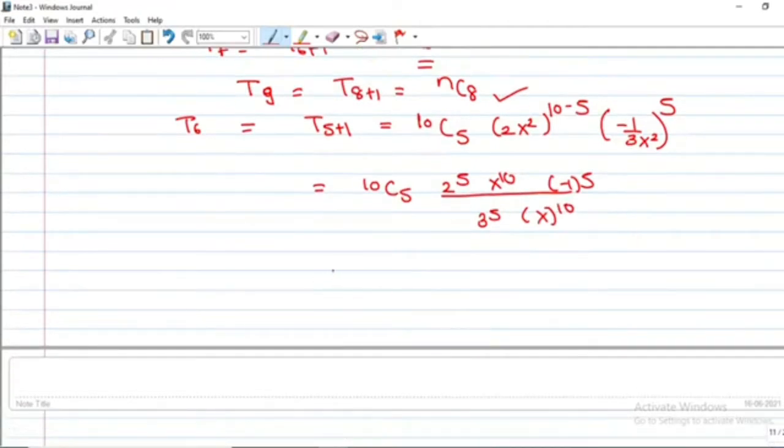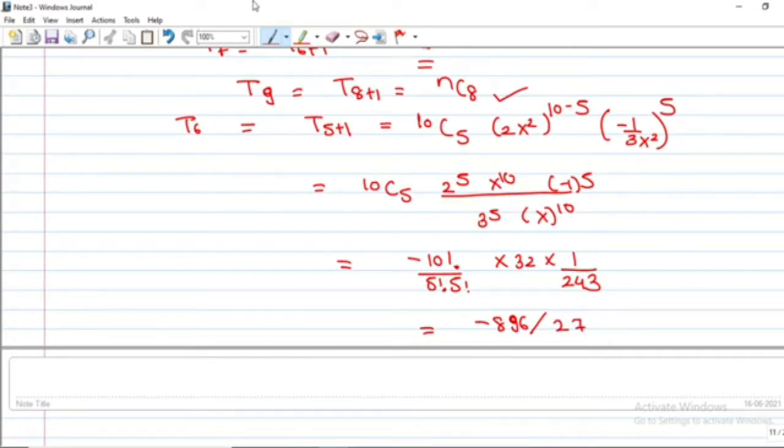Clearly, x power 10 will cancel out and you will be left with minus 10 factorial upon 5 factorial into 5 factorial, into 2 power 5 is 32, into 1 upon 3 power 5 is 243. So if you go on calculation, you will get the final answer as minus 896 upon 27. So this chapter is a little bit calculative, so you have to do the calculation also.